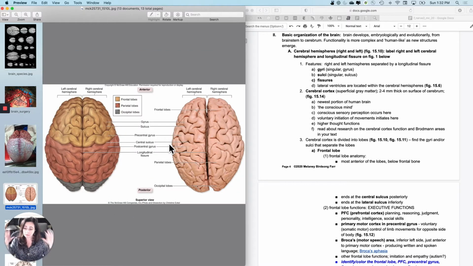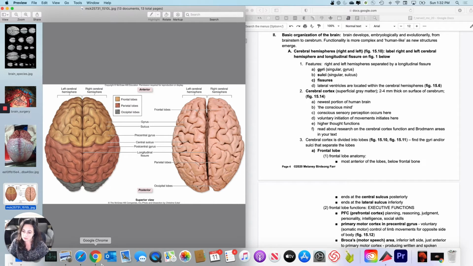Well, if this portion is related to intellect, processing and thought, how do you get more processor without increasing the size of the head so that it couldn't get through the birth canal? Well, what you do is you develop a folded cerebrum.